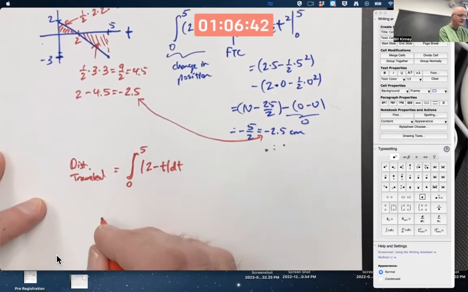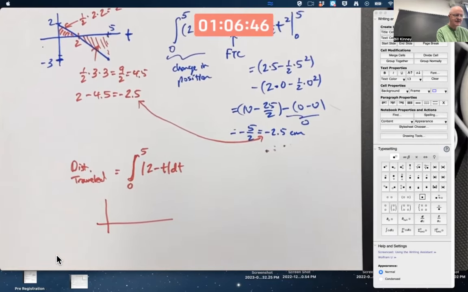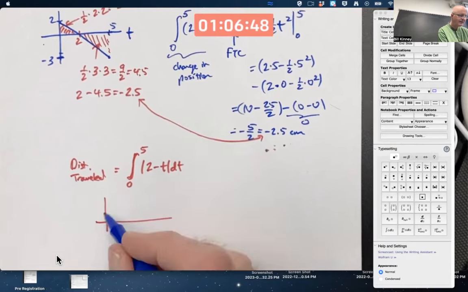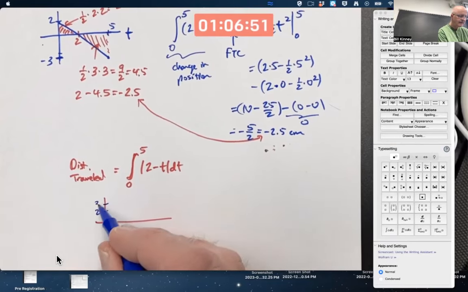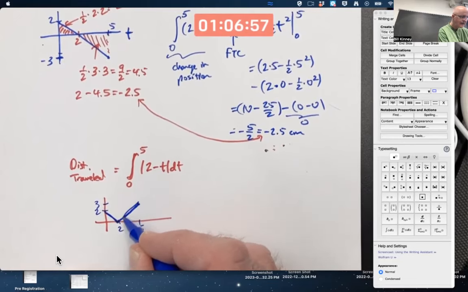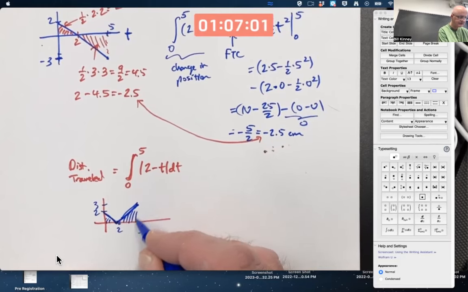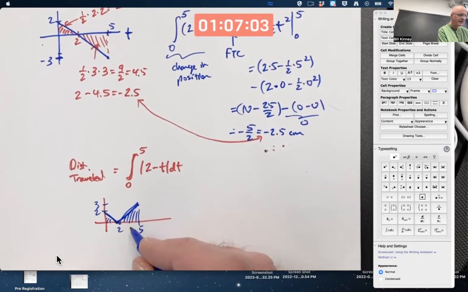Let's just do that geometrically. If I take the absolute value of the speed, I get a graph that looks like this. And the distance traveled is the area under this curve, because this curve is always above the axis. Add up the areas of these two triangles.